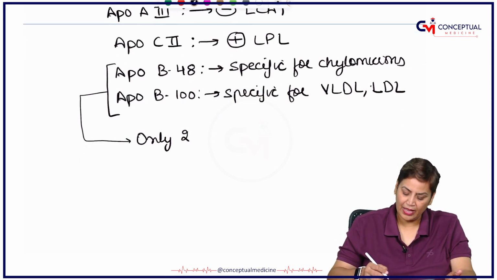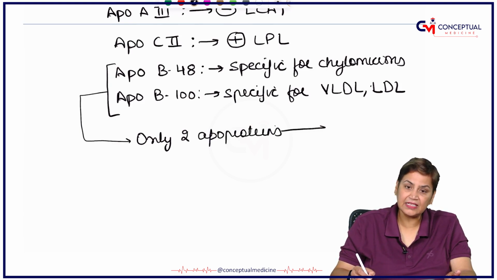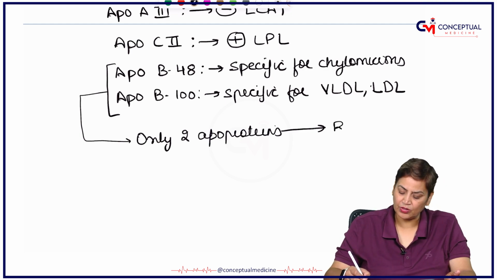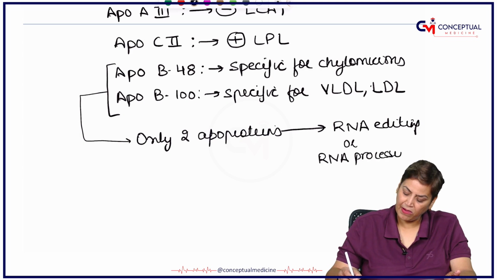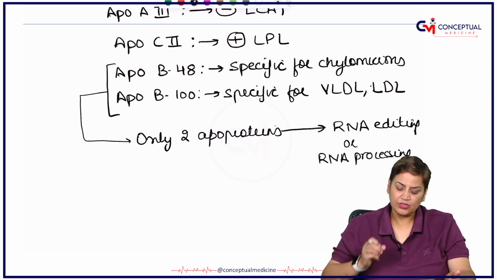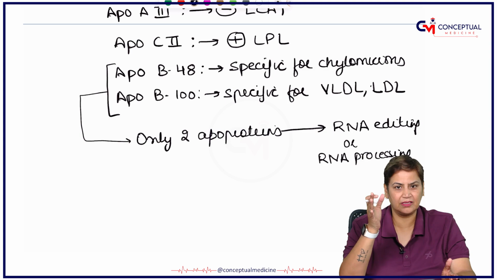So they are the only two apoproteins which are synthesized by a process known as RNA editing or RNA processing. Right? So this is how we study the metabolism of the lipoproteins.